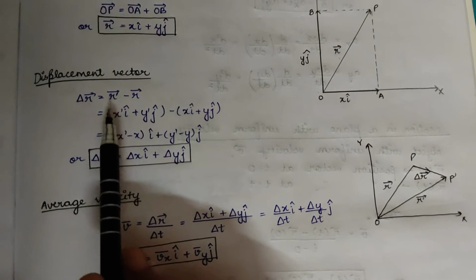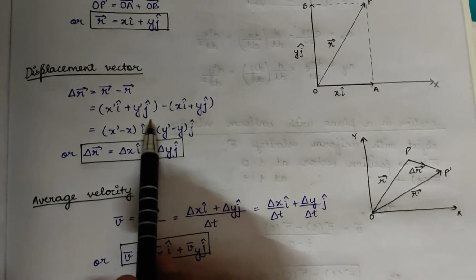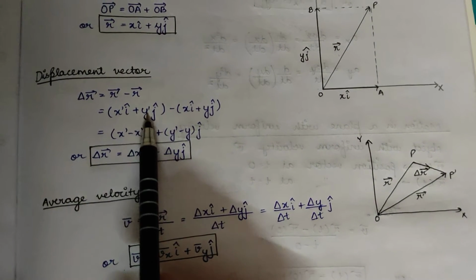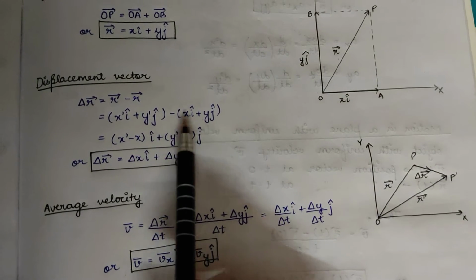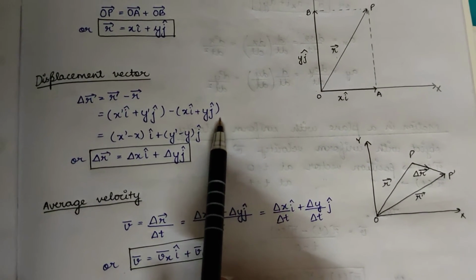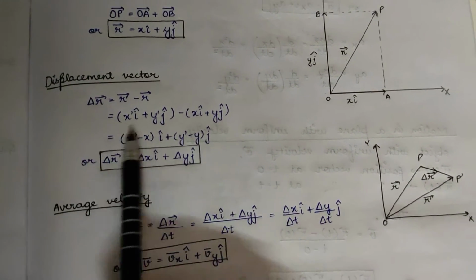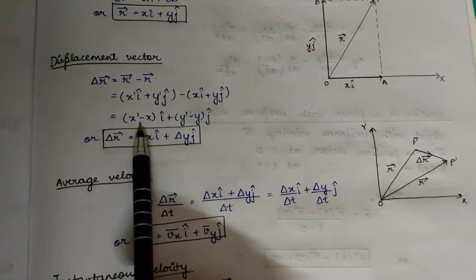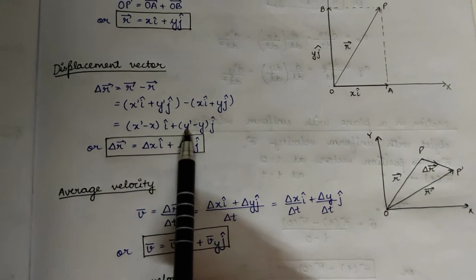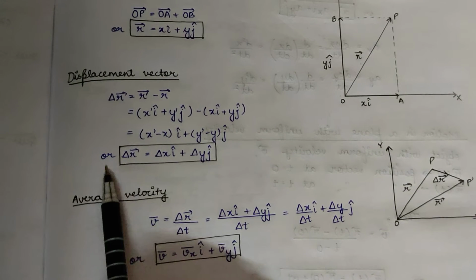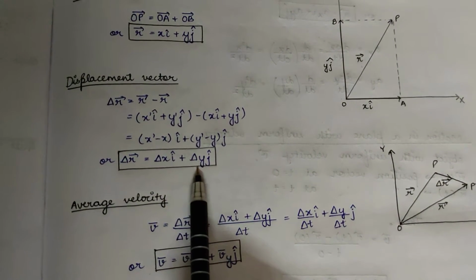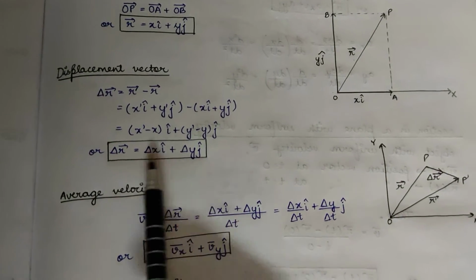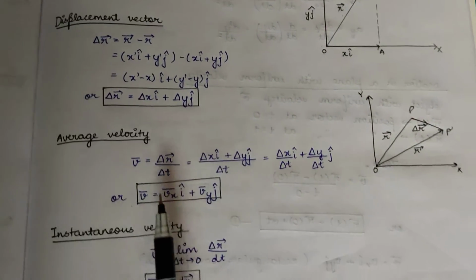If we write the position vectors in terms of their rectangular components, r dash will be x dash i cap plus y dash j cap, and vector r will be x i cap plus y j cap. Solving it, we get x dash minus x times i cap plus y dash minus y times j cap. So delta r, or the displacement vector, will be given by delta x i cap plus delta y j cap, where delta shows the change.